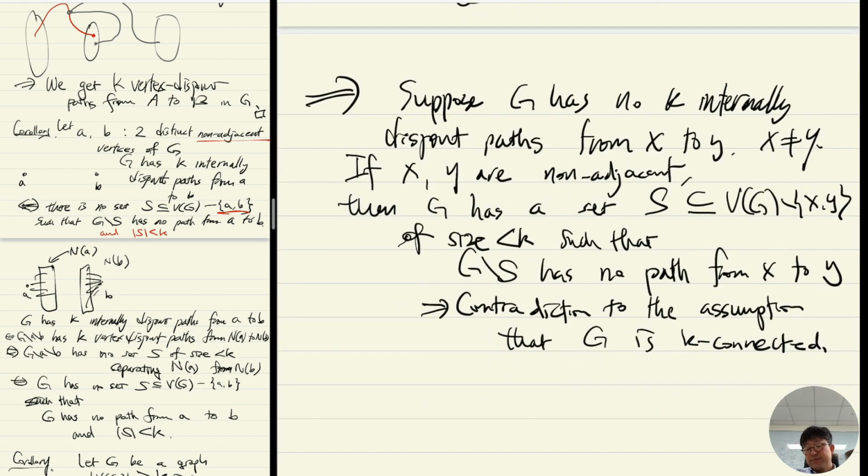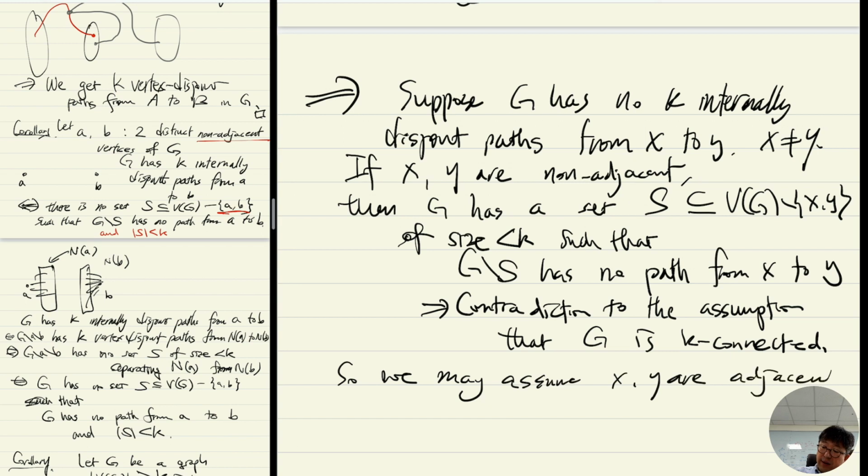All right. So we may assume X, Y are adjacent, right? So you have X and Y, and maybe you have not only adjacency, but some number of parallel edges.